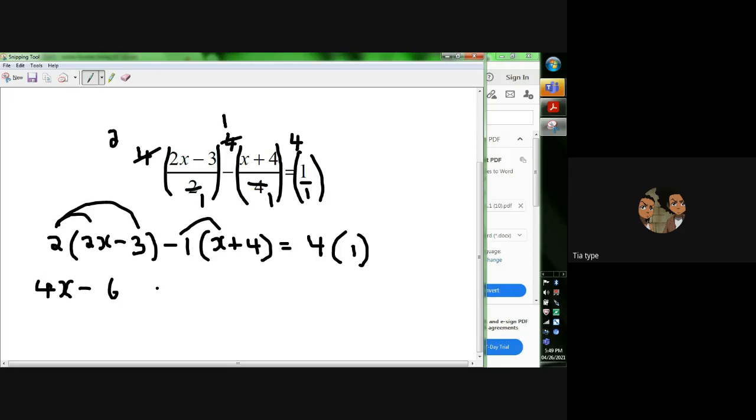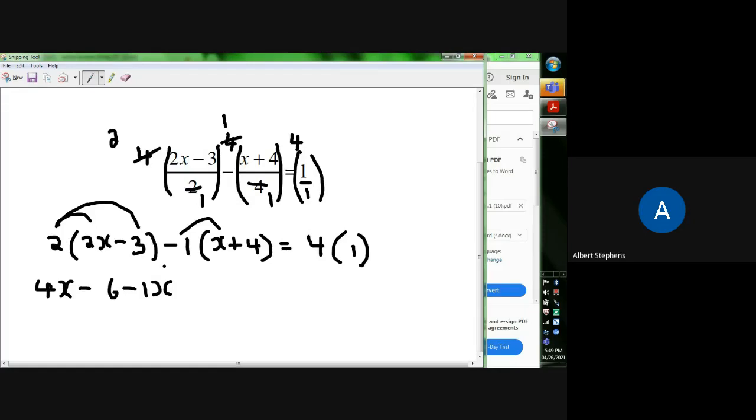And then 1 times 1x, you can say x, or I can put 1x. What sign goes right here? Negative. Why? When I multiply a positive with a negative it gives a negative.